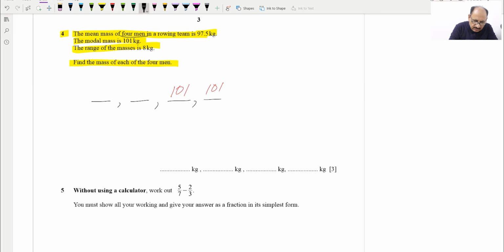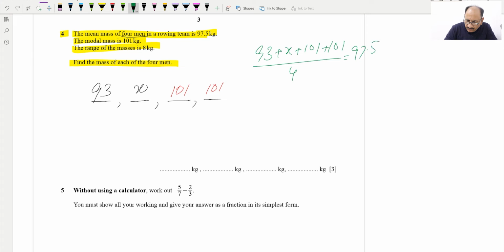So the next number we can take as 93, and the mean is 97.5. For example, this is x, so we can form the equation 93 plus x plus 101 plus 101, divided by 4, is equal to 97.5, and this is the proper way to solve.